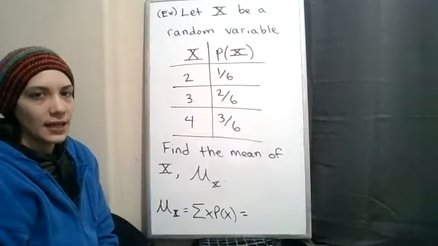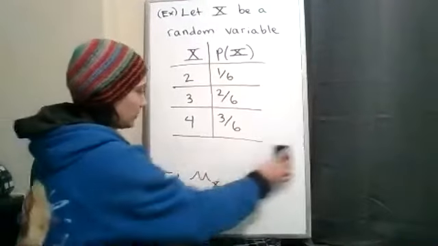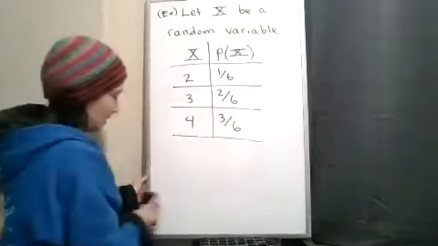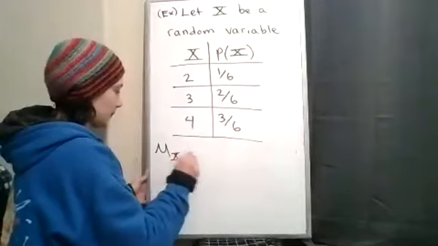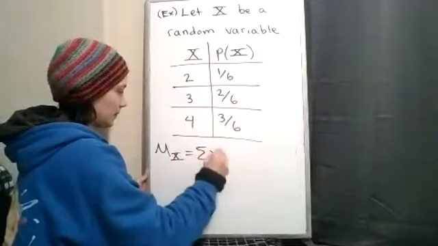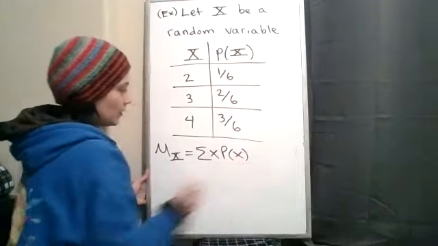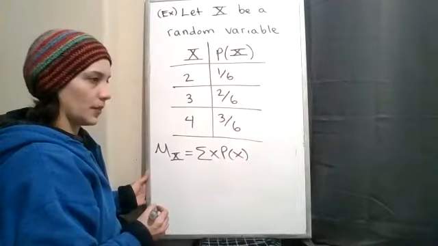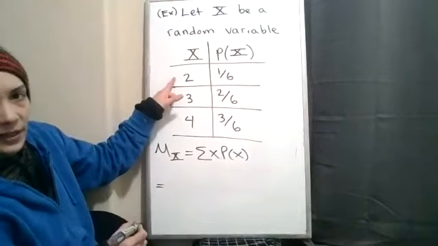All right, I'll start this over again. Our X values are 2, 3, 4.